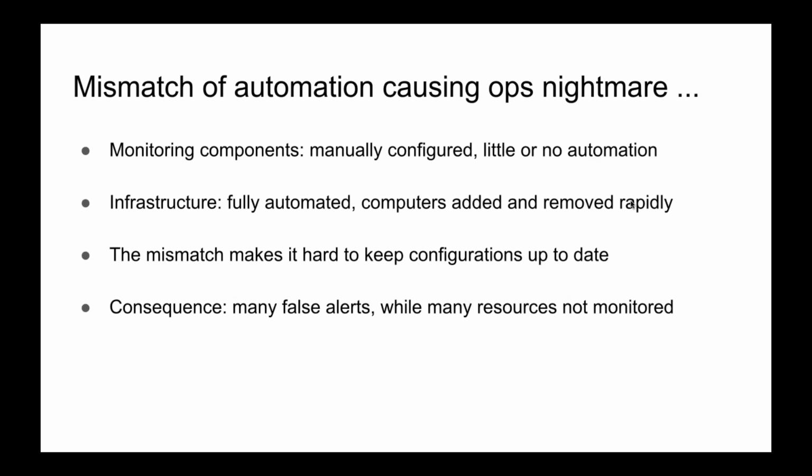So at the same time, many resources are not monitored. The consequence, even worse, is that because of this overwhelming amount of alerts every day, no team can handle it. So we often observe major outages in the systems.